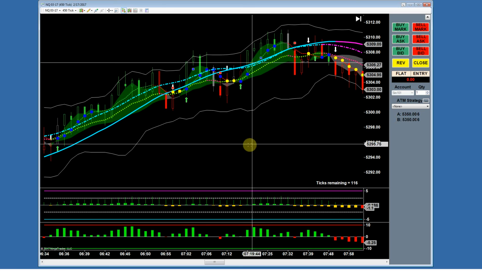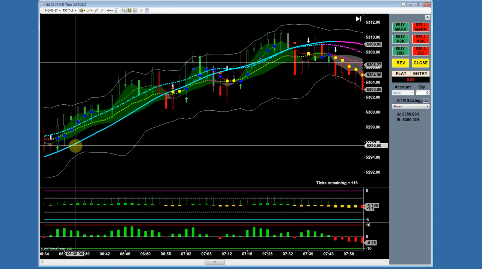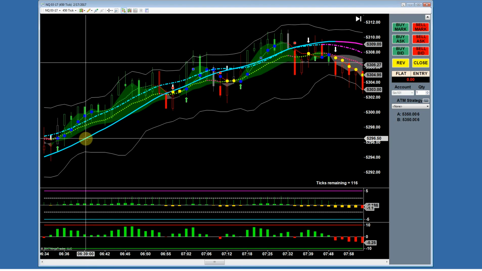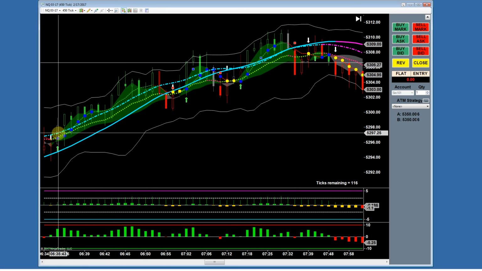So what we look for, you have these two magenta colored bands, the thicker solid one is dynamic trend band number 2, and the thinner one is dynamic trend band number 1.